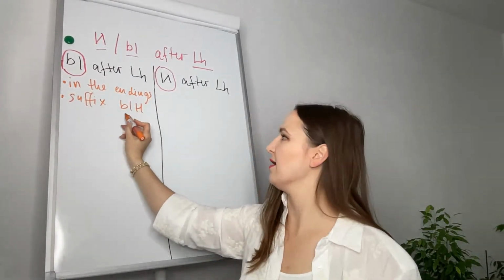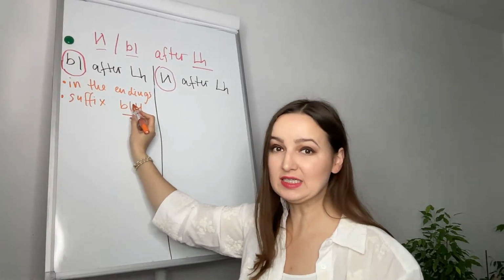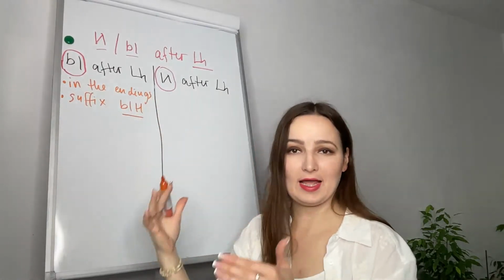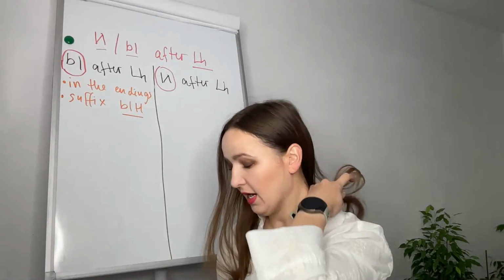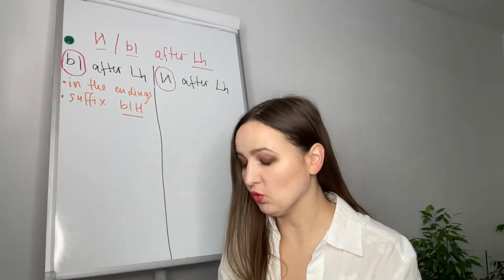So when we have this suffix, or the ending of a word, we will use Ы. In the rest of the cases, we will use И.